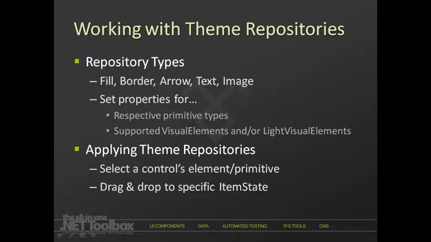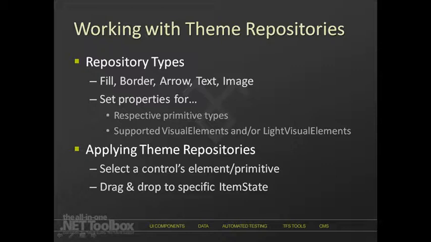They'll also set properties for visual elements and or light visual elements where that applies, because the visual element can contain text and sometimes images, so it kind of works with 2 primitives at once. And the light visual element will support all of those different primitive types, so you might be able to apply any one of these different repository types to a light visual element in a rad control.